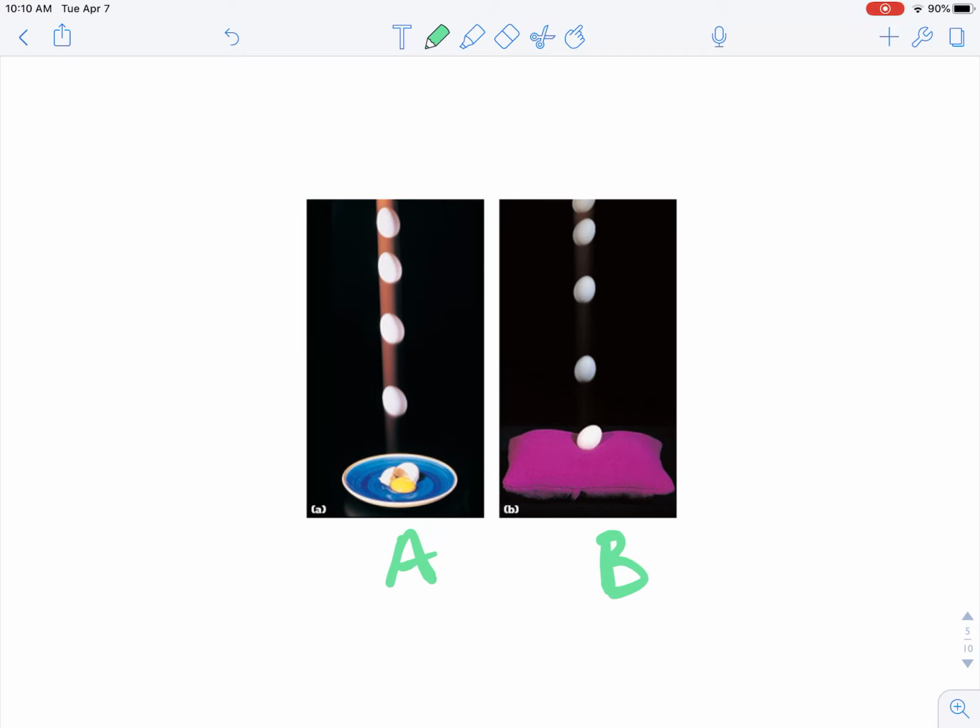The big difference between whether or not your egg survived, the goal, I guess, was you wanted to decrease the amount of force. I drew the arrow backwards. Decrease the amount of force you want acting on the egg. You don't want to break the egg. The idea behind this is you want to increase time of impact. This pillow takes a longer time to stop the egg.